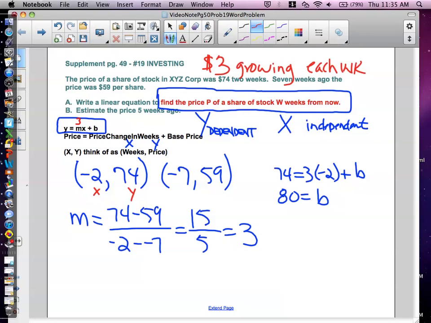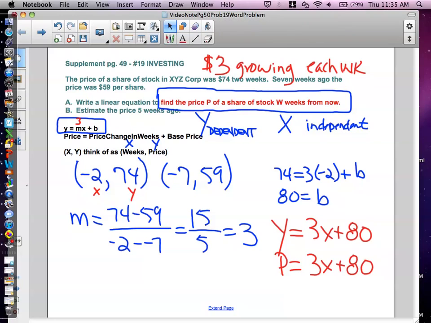To answer the question, part A, the equation that represents this word problem mathematically would look like this. And then changing the variables to reflect the word problem, the price grows by $3 each week, comparing to a base price of 80. So part B of the problem asks us to predict the price 5 weeks ago.